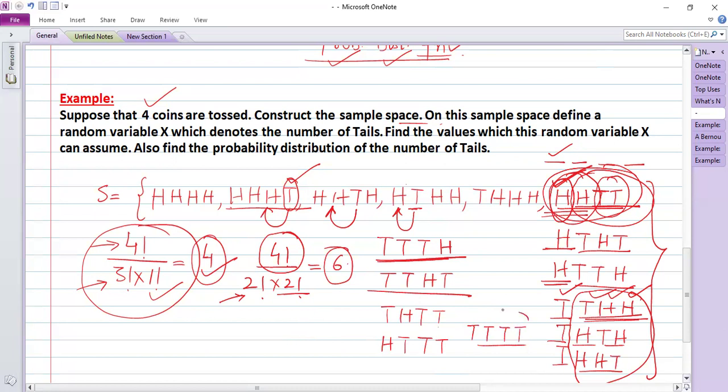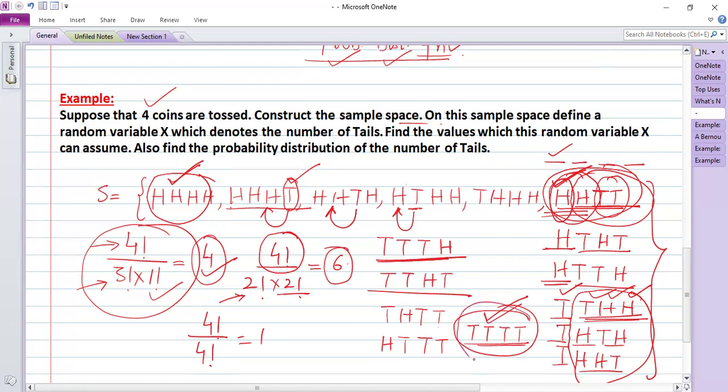Even this one, all 4 tails, and this one, all 4 heads, how many permutations can they have? 4 factorial divided by 4 factorial, which is 1. So obviously these two combinations, all 4 tails and all 4 heads, will have only 1 permutation.